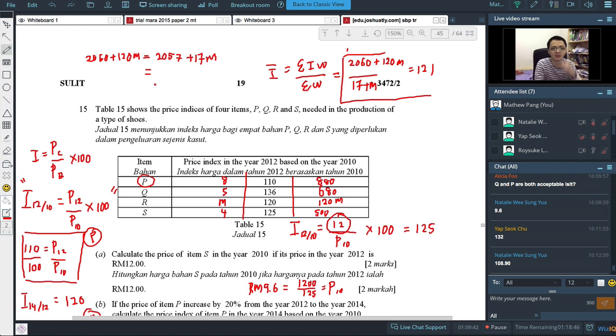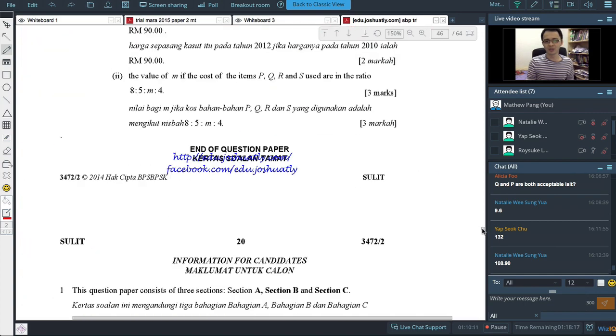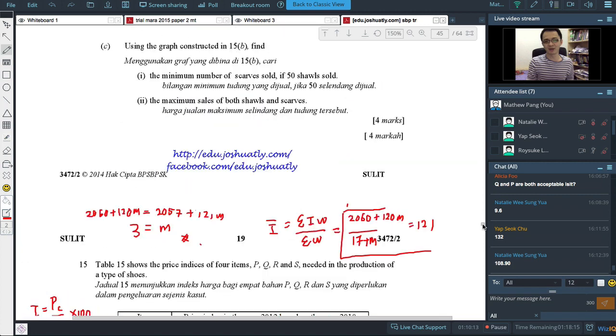Oh, why is it 17M? It's 121M. No wonder I felt it was so weird. Yeah, it's 121M. Then therefore you minus 120M, so M equals 3. Okay, just like this. Then you can easily get the 10 marks. I think this is a 10 mark question. Yeah, it's a 10 mark question.